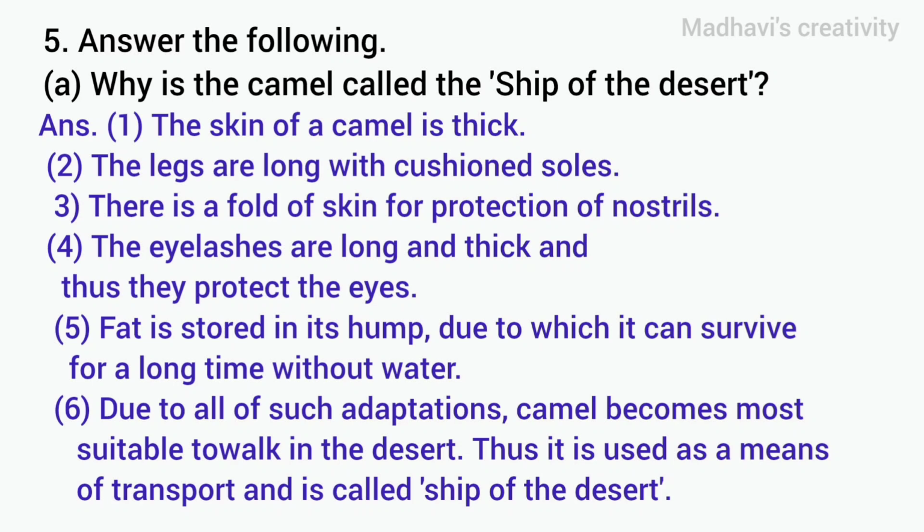Fourth, the eyelashes are long and thick and thus they protect the eyes. Fifth, fat is stored in its hump, due to which it can survive for a long time without water. Sixth, due to all such adaptations, camel becomes most suitable to walk in the desert. Thus, it is used as a means of transport and is called ship of the desert.